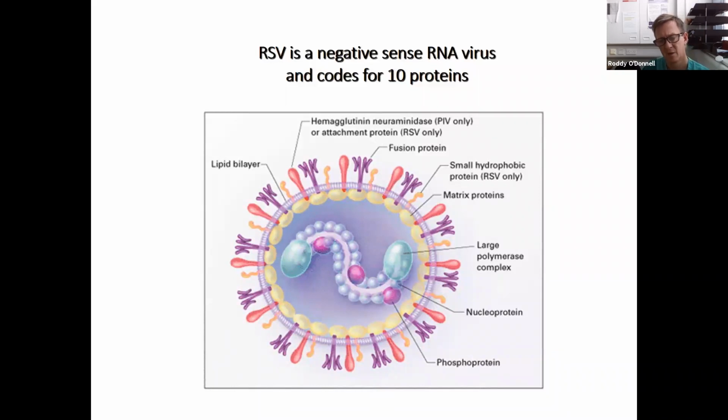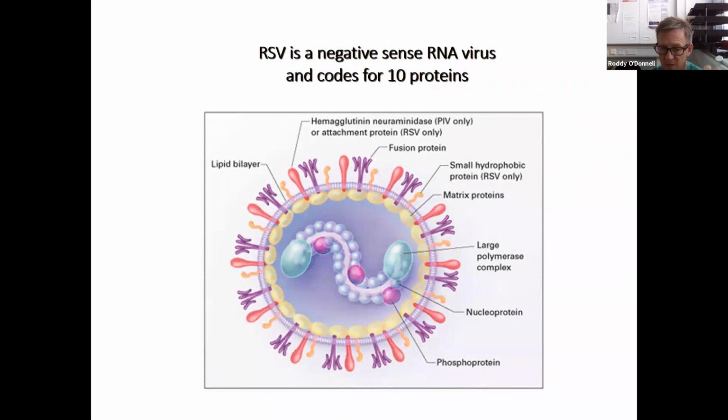It's got 3 predominant surface proteins: an attachment protein, a small hydrophobic protein, and a fusion protein. And the other proteins are internal. In particular, there are very highly conserved proteins like the nuclear protein and phosphoprotein that aren't really on show to the immune system.